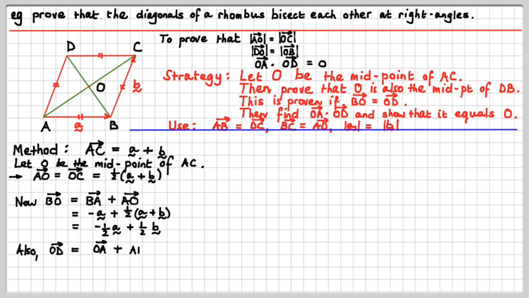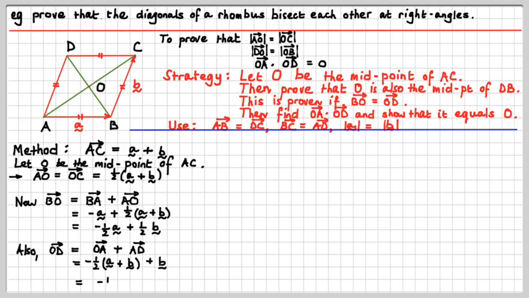So, here we go. OD, now how am I doing that? I'll go from O to A, because this is along the diagonal which I've set up so that O is the midpoint of it. So it's O to A plus A to D, isn't it? Good. So that's what you get: O to A is minus A to O. That's why the minus sign's out the front, plus vector b, which is AD.